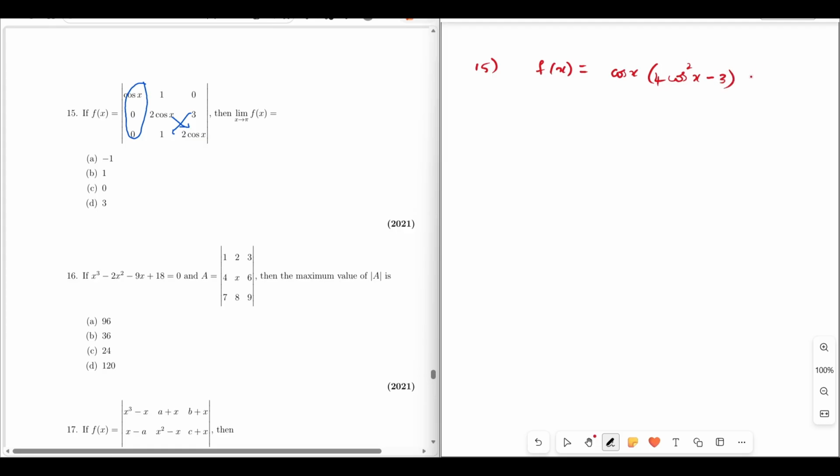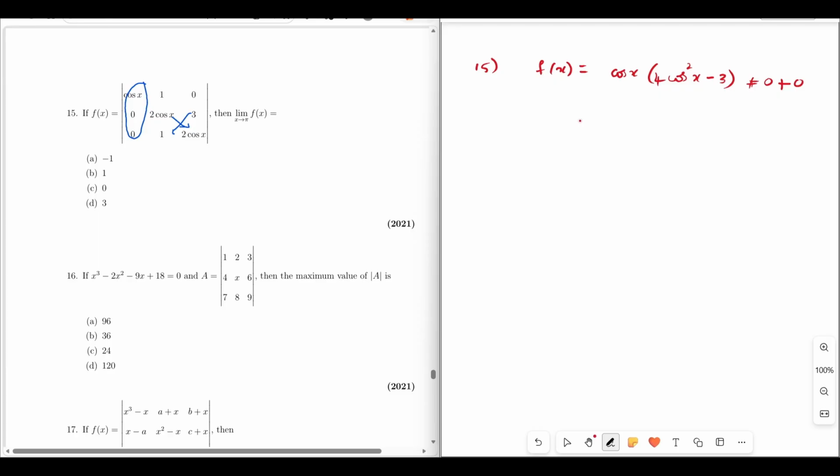Now for the second element, we have 0, and 0 into anything gives 0, so no need to calculate that. Again, for the third element, 0 into anything gives 0. Even if you eliminate this row and column, you are left with 0 into this part, so again the answer is 0. That is why you choose the row or column which has more zeros to find the determinant.